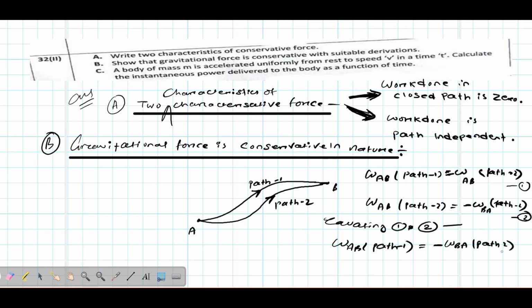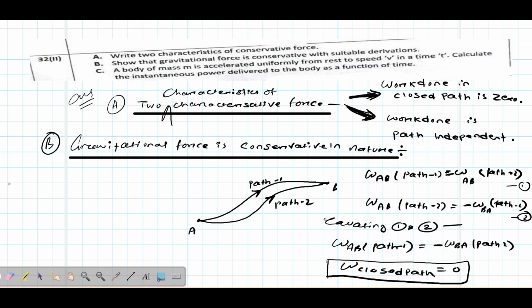So we can write that work done in a closed path is 0. That is why work done is path independent. This is the conservative force.